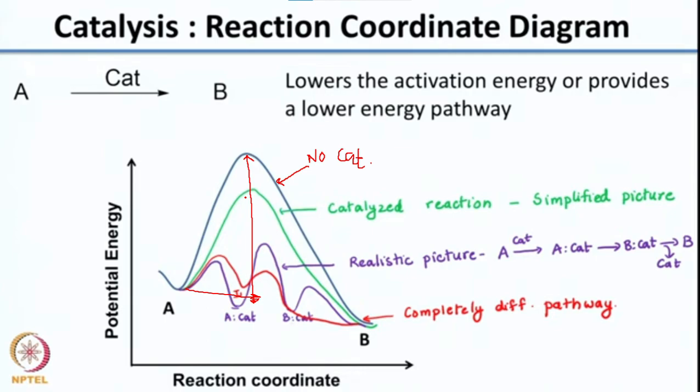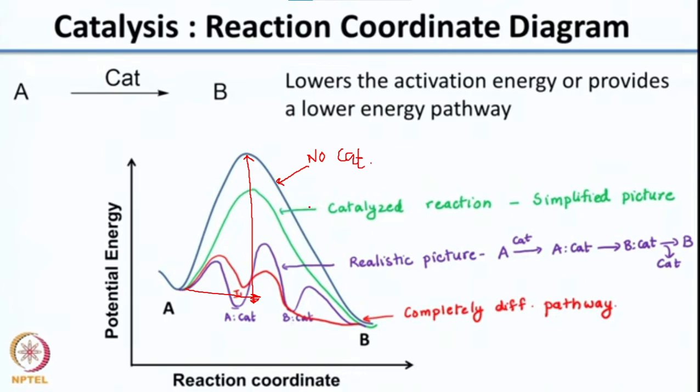The activation energy will get reduced, right? So this hump will get reduced, and we will get a low activation energy for formation of our product.